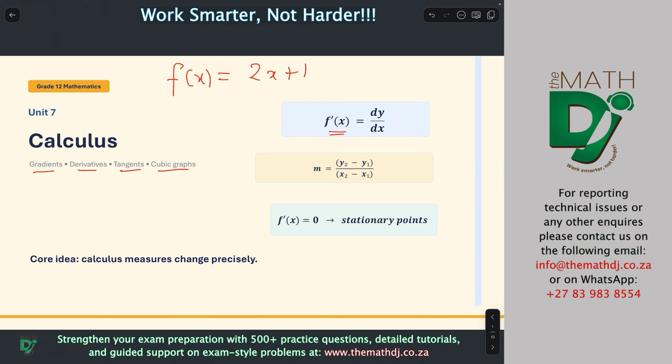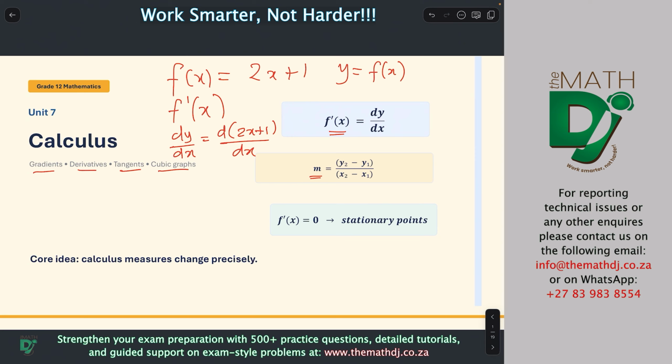The symbol for differentiation is this, or you can write it as dy/dx. Remember, y is also equal to f of x. So it means you're differentiating 2x plus 1 with respect to x. You're differentiating x.